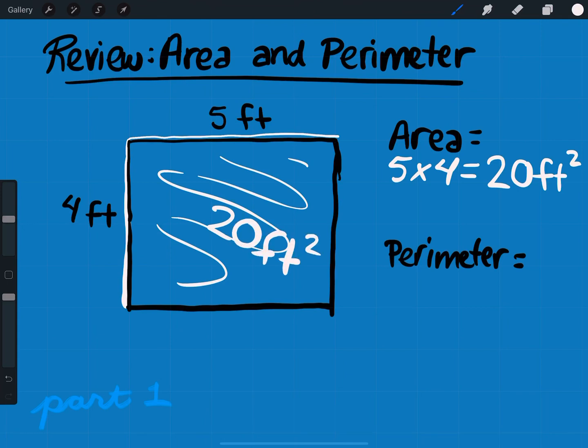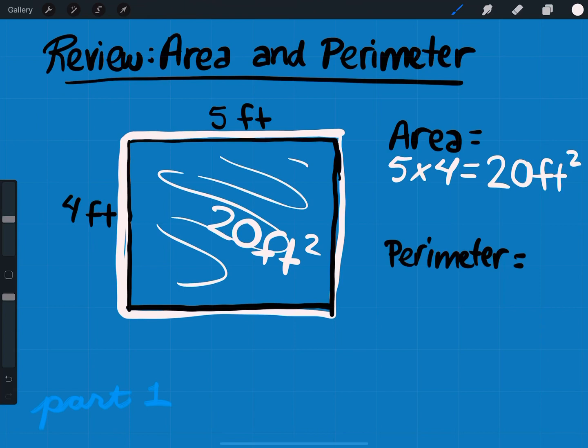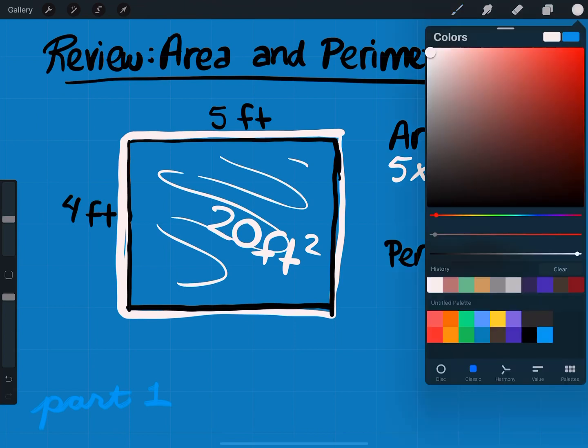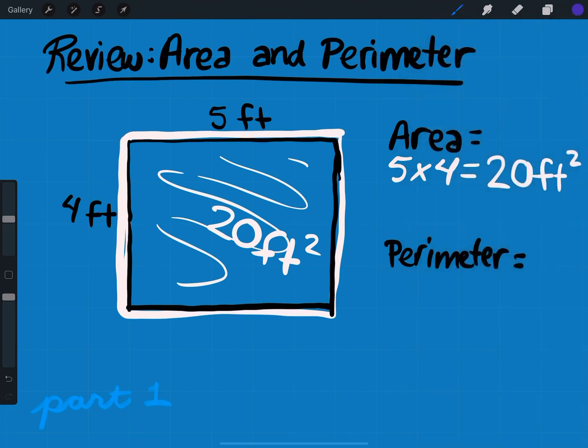Okay, so to find the perimeter, we're going to find the distance all the way around the whole shape, like if you were walking around it. So let's get another color so you can see. We're going to do this side, 5, plus this side, 4, plus this side, we know it's 5 because it's a rectangle, plus this side, 4.